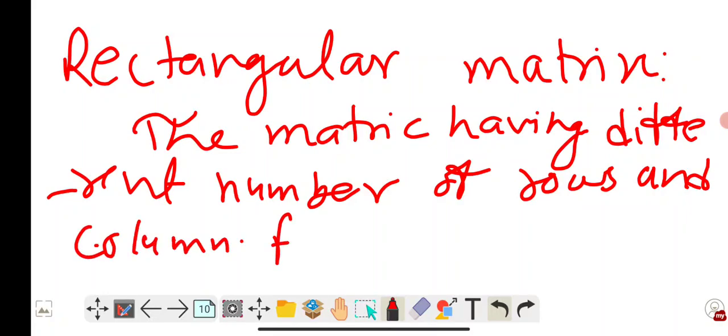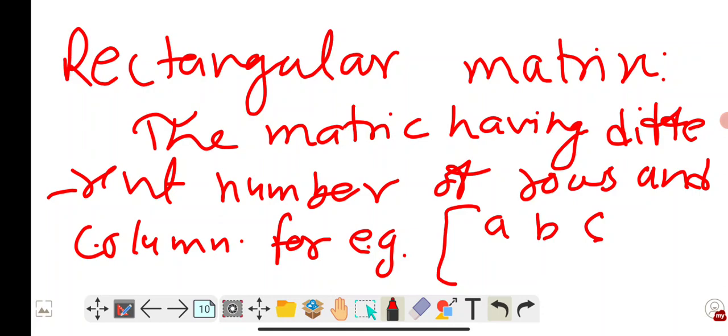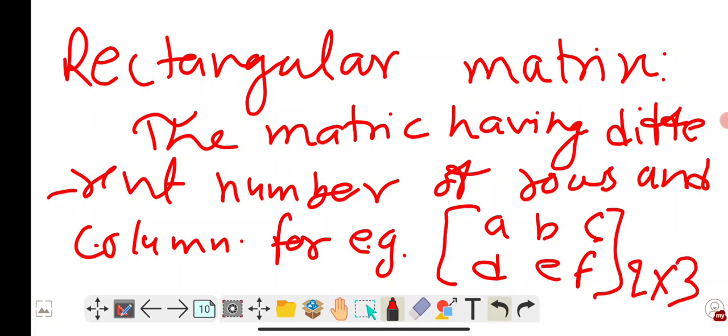For example, A B C, D E F. It is a matrix of order 2 by 3. Here there are 2 rows, but there are 3 columns.